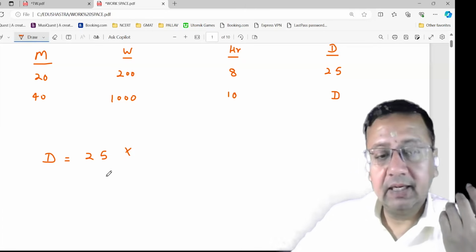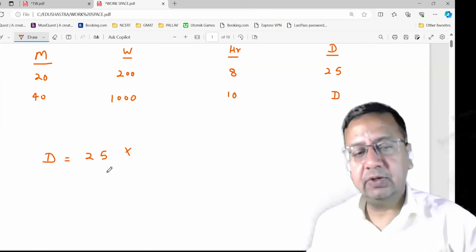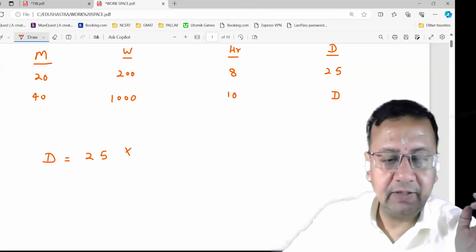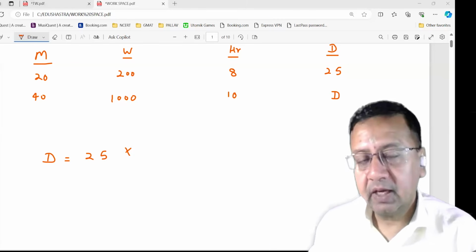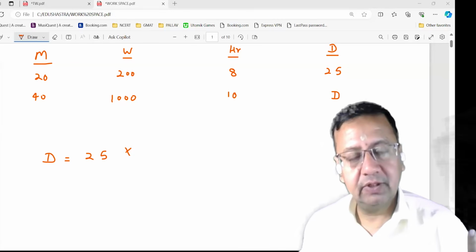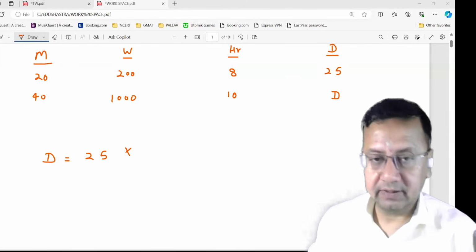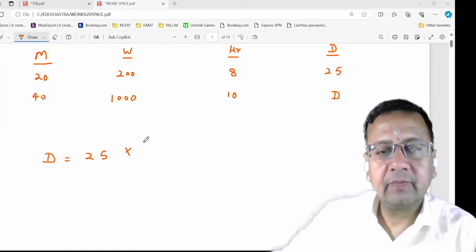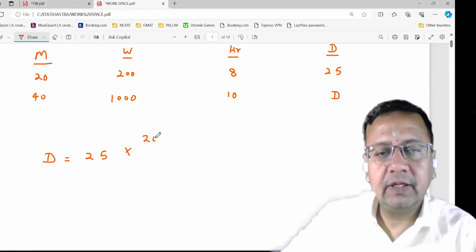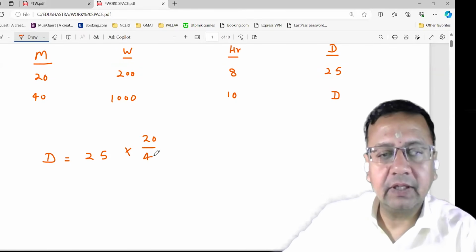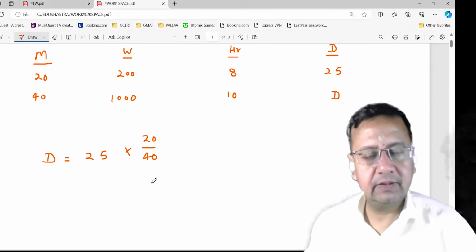Less, right? So I need to reduce this number 25 with some fraction. How can this be reduced? If the numerator is smaller and the denominator is greater. So what to write? This is 20 divided by 40. Getting this?